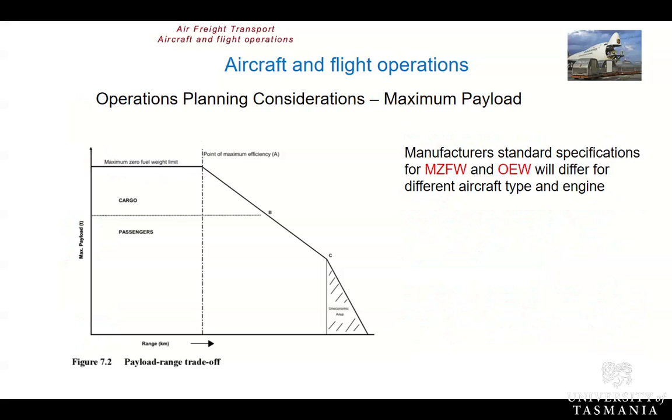As I said before, different aircraft types and different engines are going to impact what the maximum zero fuel weight is. In this example, point A is the optimum for this hypothetical aircraft: the maximum cargo and passengers it can carry, over a range that goes that far.